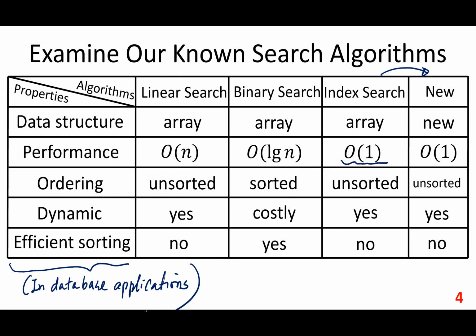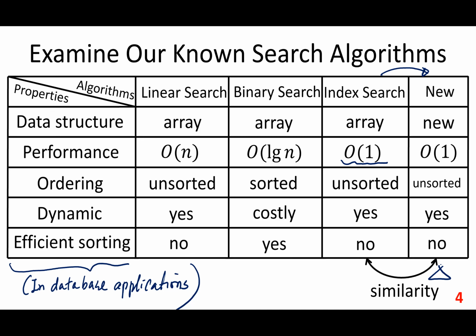So now you can see, in our mind, when we design this new search algorithm together with its data structure, those are the properties we would like it to have. Similar to index search.